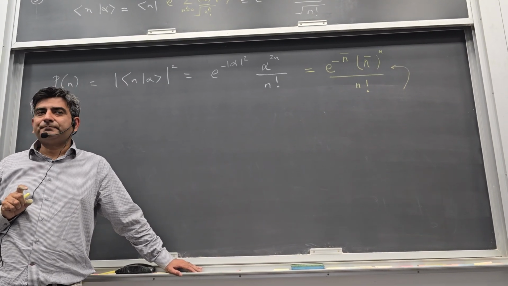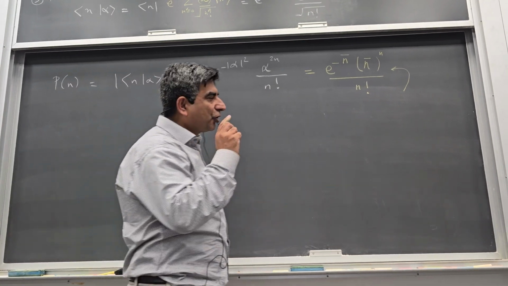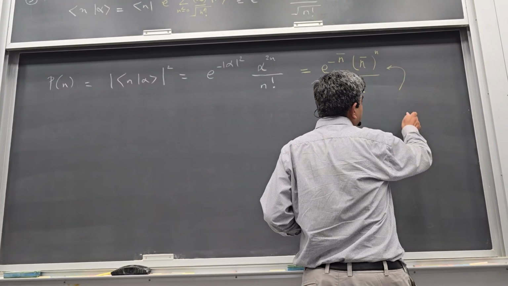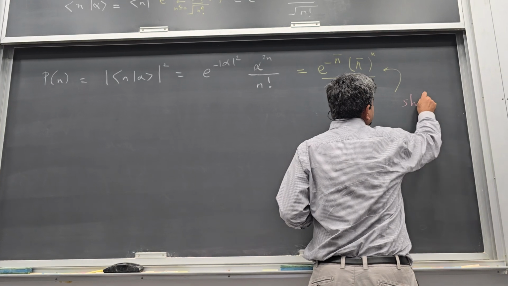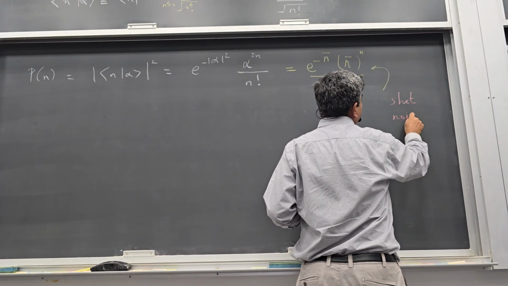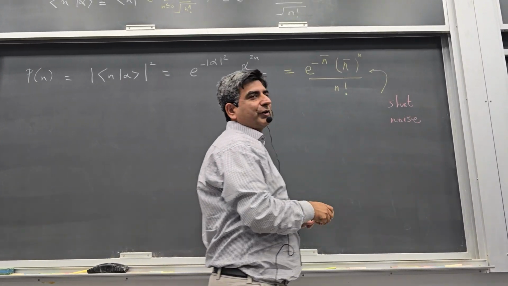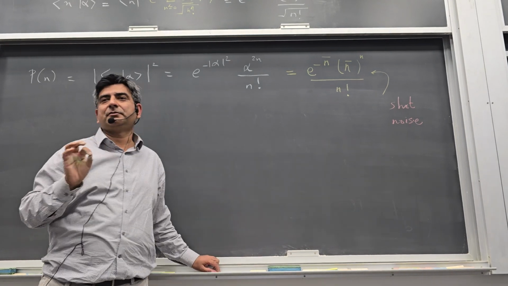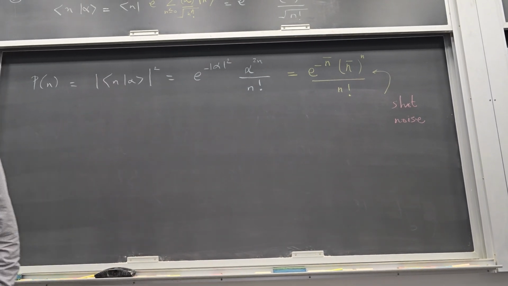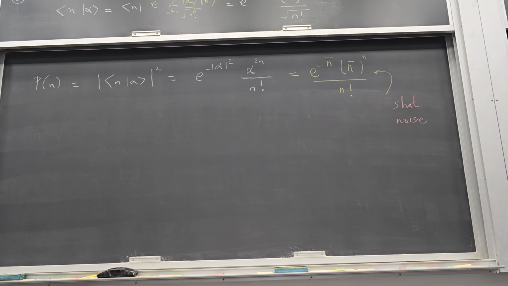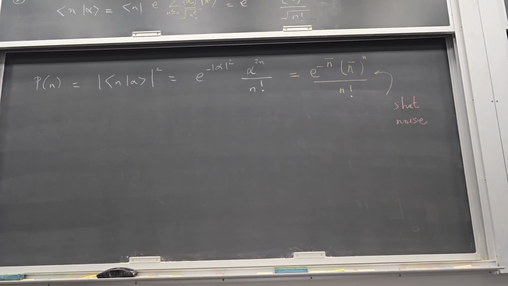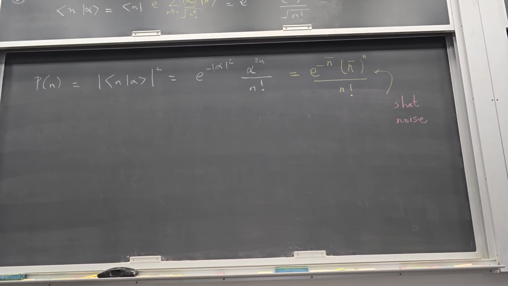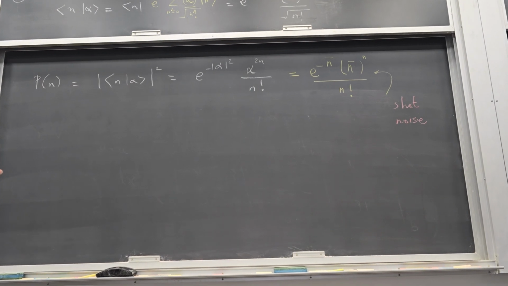Okay, and this also I'll talk about later when I talk more about experiments. I will also describe that this is the limit of shot noise. This is the shot noise limit, the quantum limit of detection. And if you go beyond this, if you do better than this, if you get rarer events than this, then you have sub-Poissonian light. So I'll explain more about this when we talk about detection.